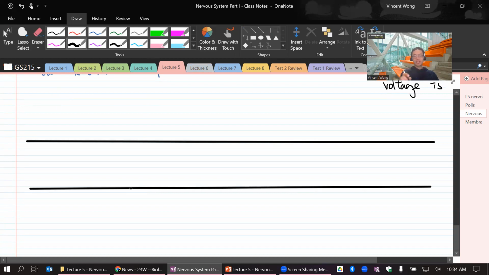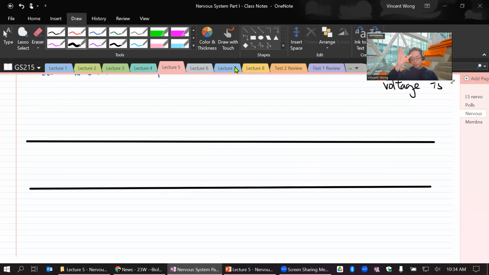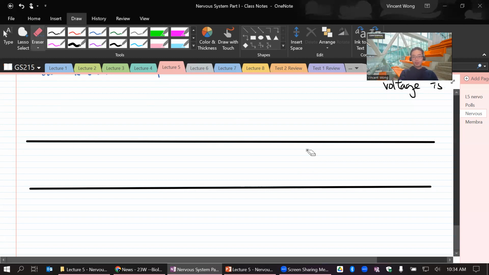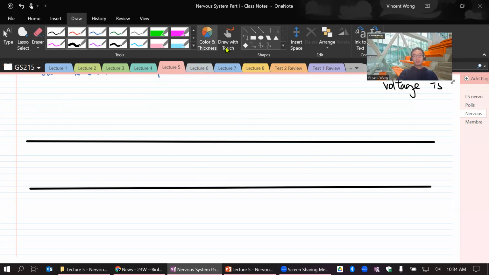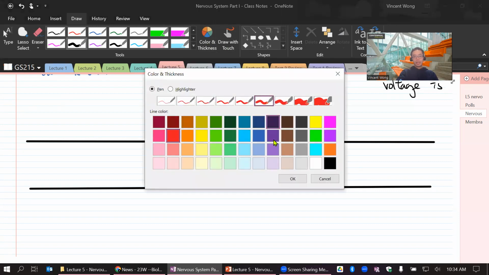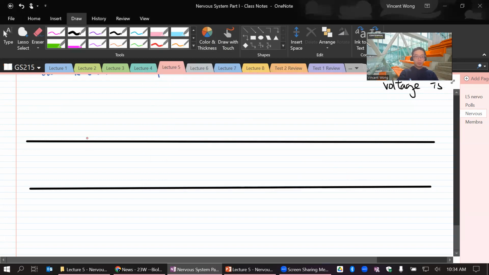But excellent question. All right, so this is the inside, this is the outside, right? Now I'm just trying to make this simple so we don't overclutter our diagram. We know that we have a bunch of sodium potassium pumps here, the purple balls, but we're not going to draw that, because I don't want to make the diagram too busy. But we will draw these things.